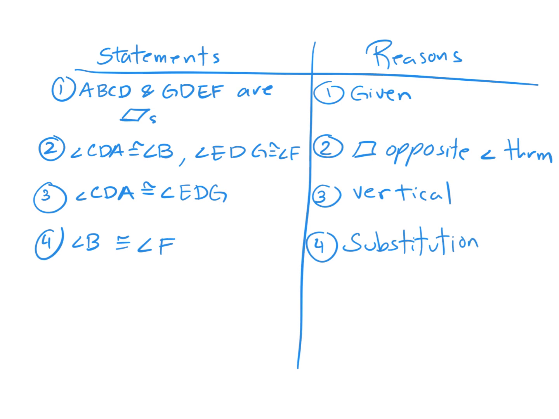Substitution will come from these two statements, and here we can grab the B and plug it into here. We can grab the F and plug it into there. That's where the substitution comes from.